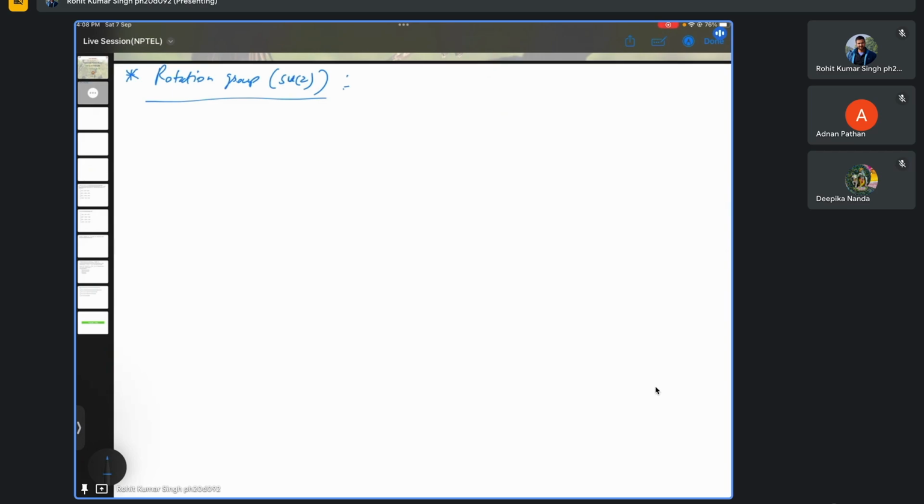So SU2 means special unitary group, where 2 is basically the dimension of the matrices. Now what does it mean?